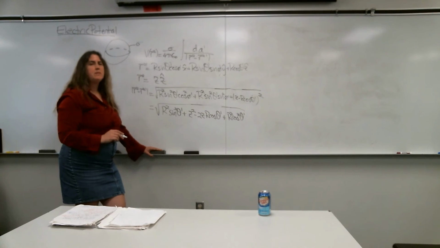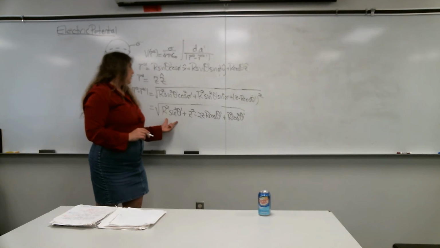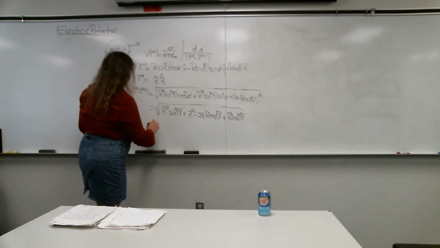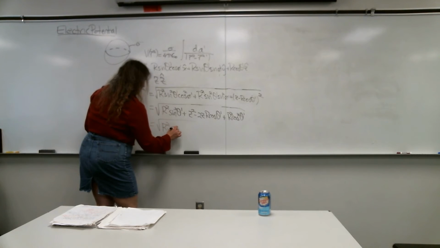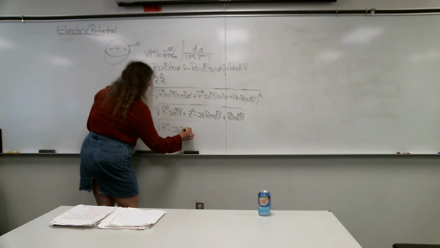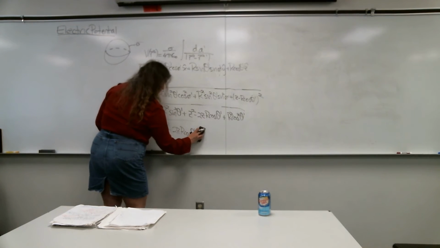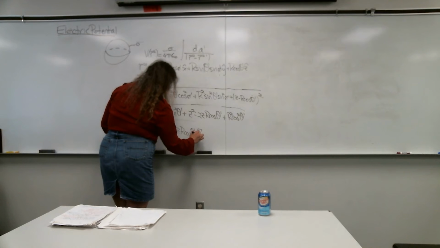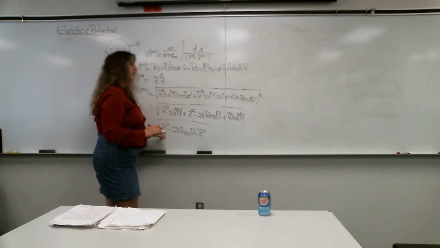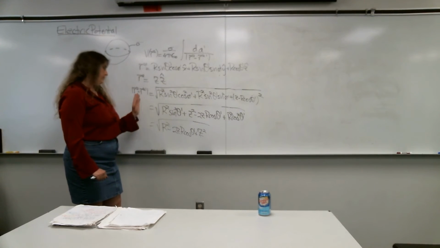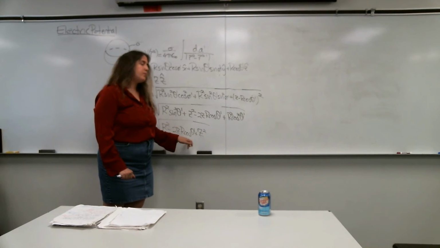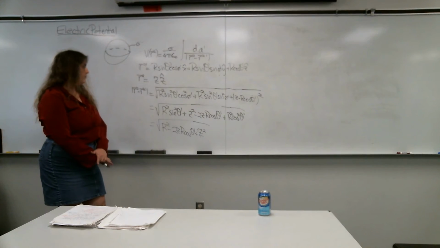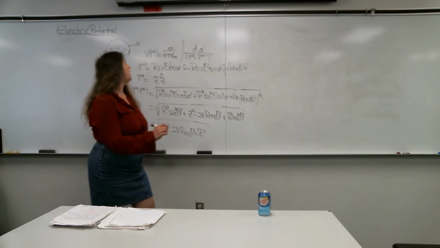So using that same trigonometric identity, we wind up with r squared. So my separation vector becomes the square root of r squared minus 2zr cosine theta prime plus z squared. So let's plug that in.